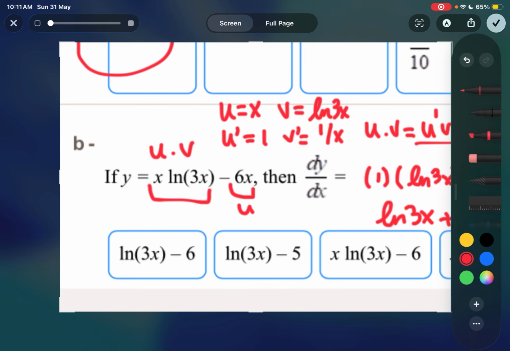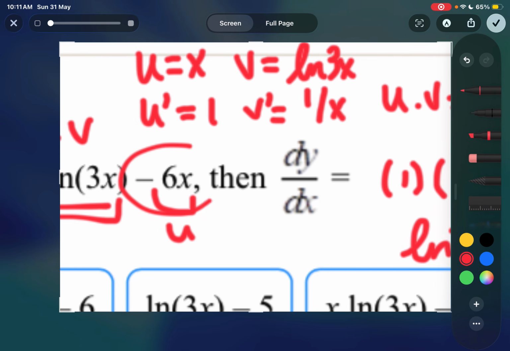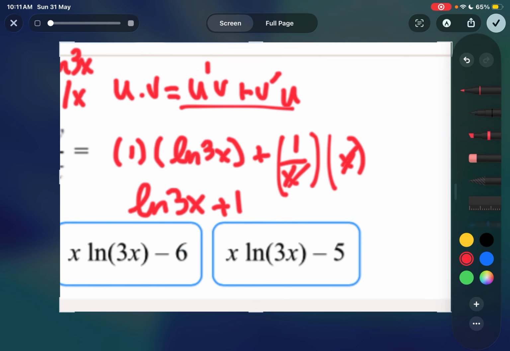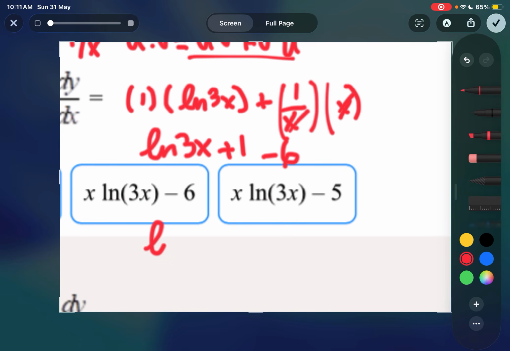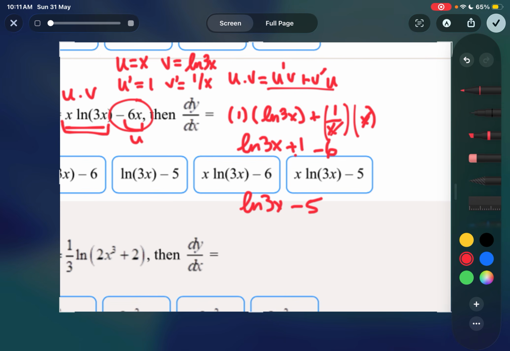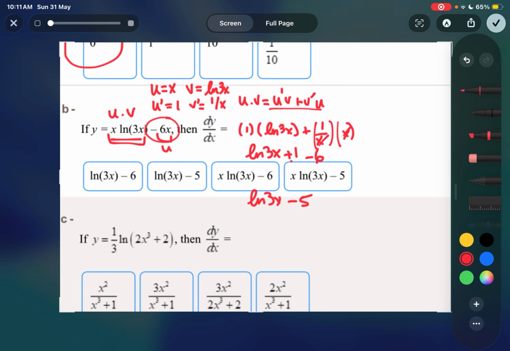Then you found the derivative of this part. Now the derivative of minus 6x is minus 6. So you just do minus 6 here. So it will be ln of 3x, and 1 minus 6 is minus 5. So it will be ln of 3x minus 5. And that's the answer for this one.